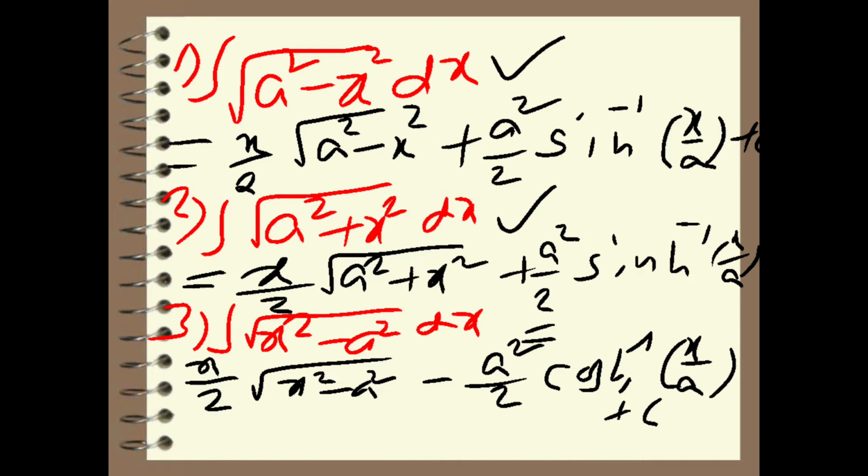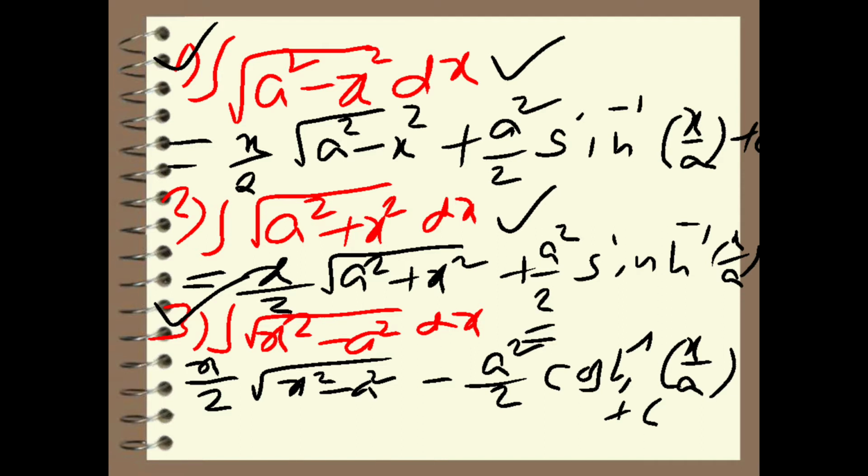Already I told you, if two same terms are there and in between them is minus, then both are different. If in between two same terms plus is there, both are same. As I told you, 2 plus 3 equals 3 plus 2, that is equal to 5. 2 minus 3 is not equal to 3 minus 2. Like so, root a square minus x square and root x square minus a square have different formulae. But root a square plus x square is equal to root x square plus a square. Okay, already we know it.